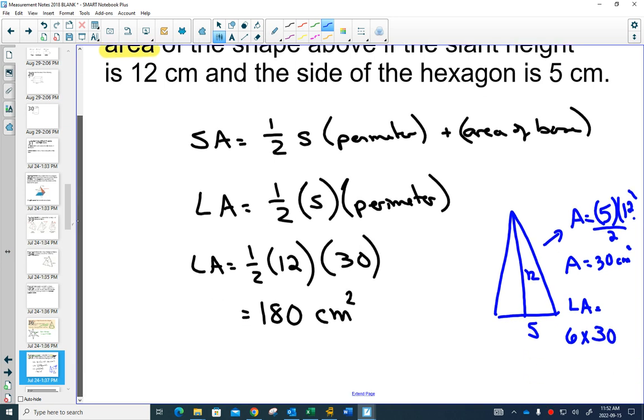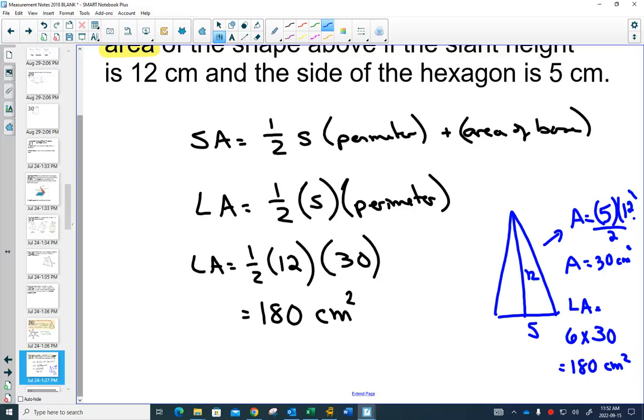And notice we get the same answer, 180 centimeters squared. So if this question came up on a test, I think you would use the blue. You would figure out the area of one triangle. Notice that you have 6 of those triangles all the way around the edge and get the area that way.